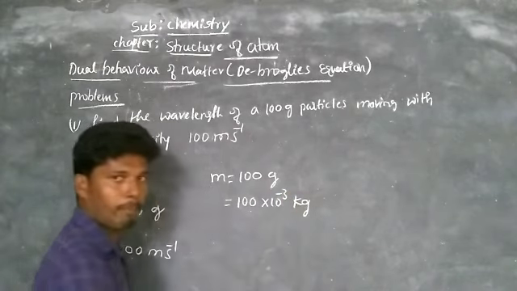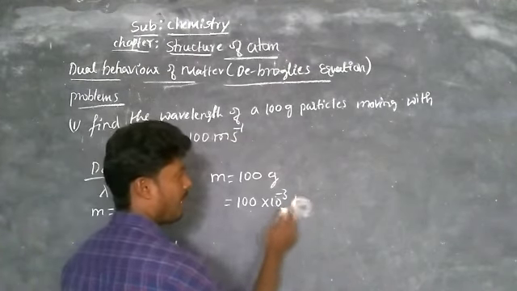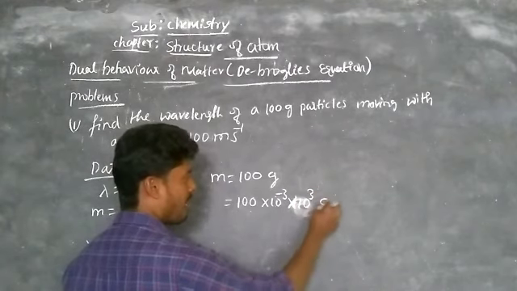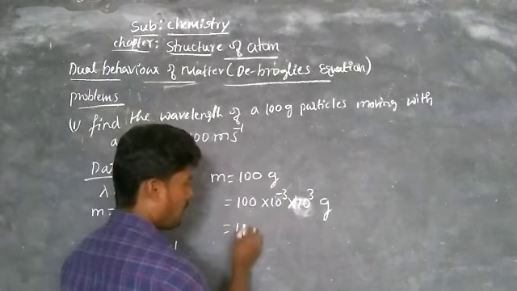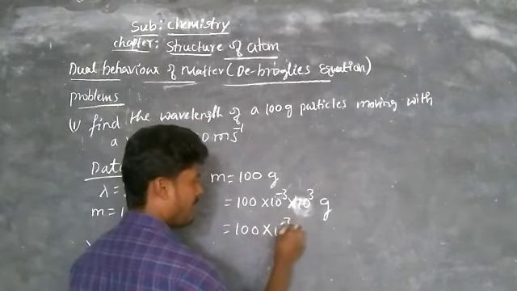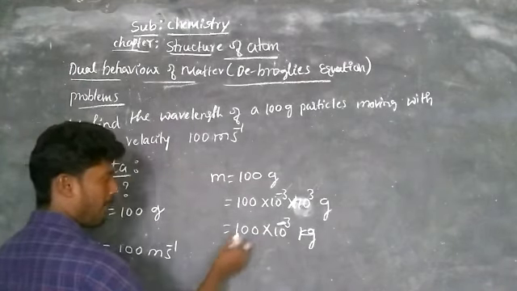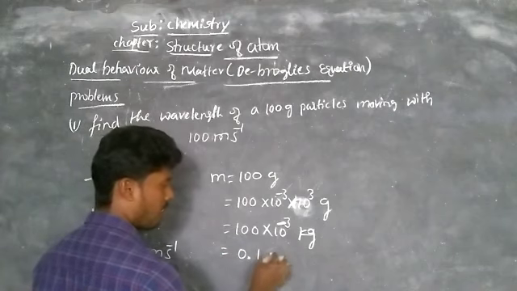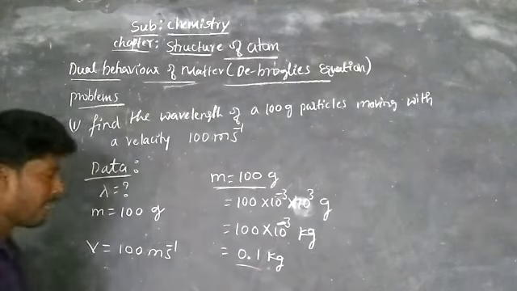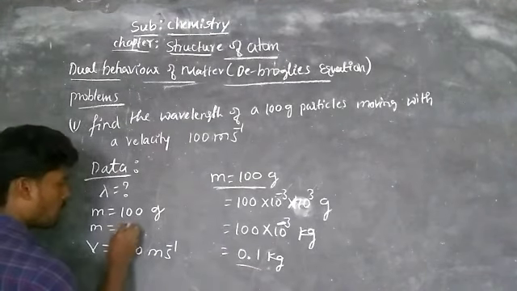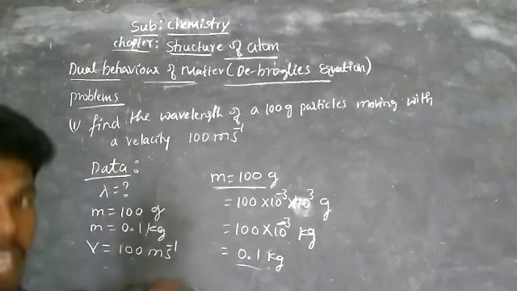Kilo means 10 power plus 3, so 10 power plus 3 and minus 3 cancel. Now 100 into 10 power minus 3 gives 0.1 kg. It means 100 grams is equal to 0.1 kg. So m is equal to 0.1 kg.